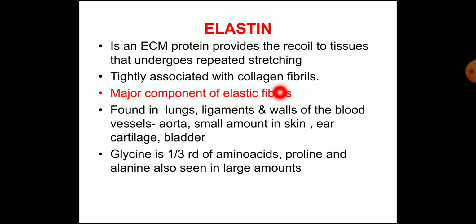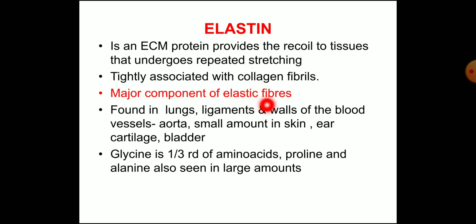Now elastin, what is elastin? It's an extracellular matrix protein that provides the recoil to tissue that undergoes repeated stretching. So whenever a tissue has to undergo repeated stretching, the recoiling of that tissue is done by the elastin. It is tightly associated with the collagen fibrils.